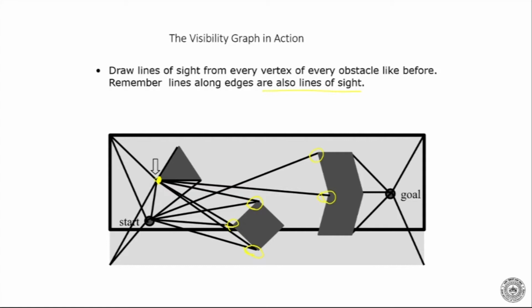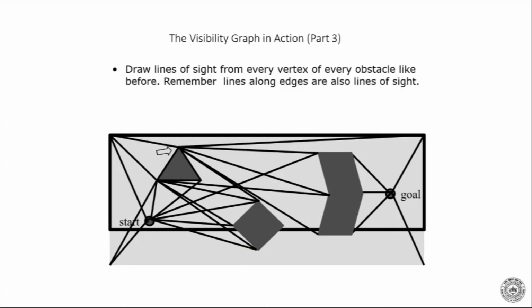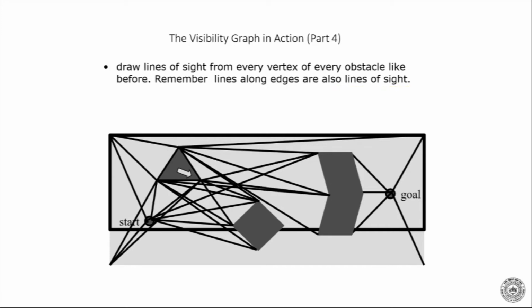You are also supposed to draw lines along the edges, so you can see this also. Now continue doing that: draw lines of sight from every vertex of every obstacle. If you do this, what you'll see is a total connected array of lines.